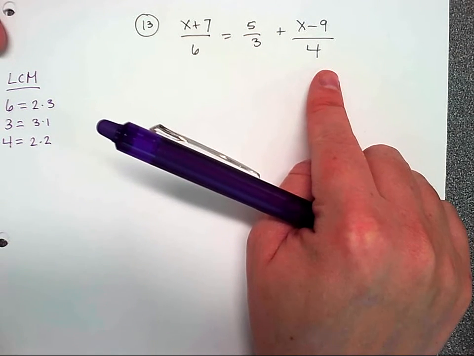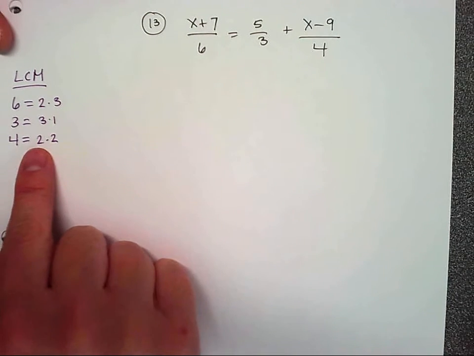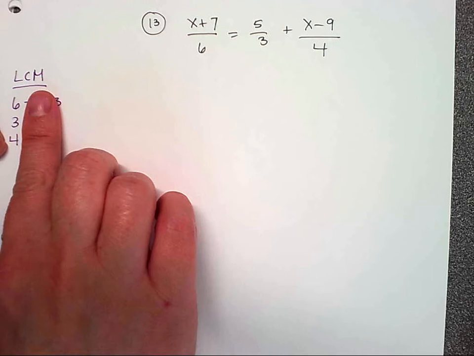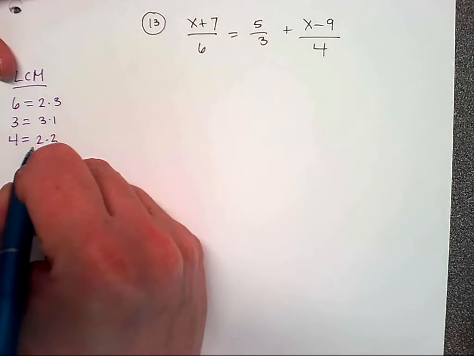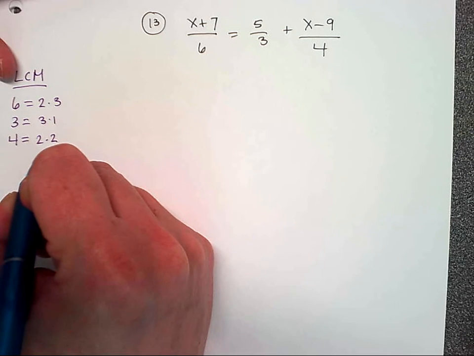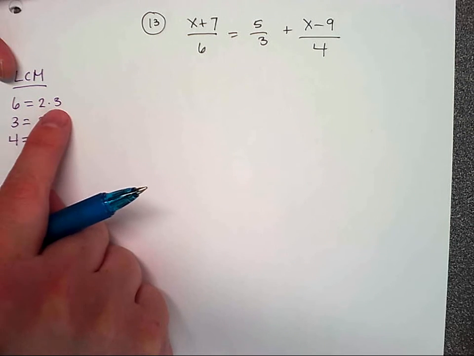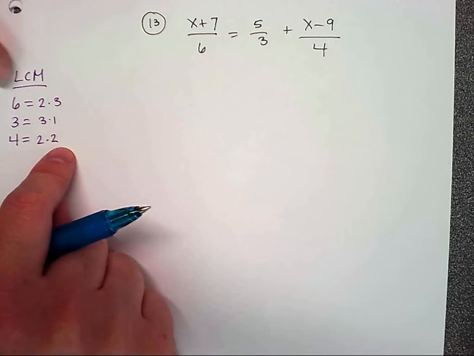Where did 2 come from? 4 is 2 times 2. So here I wrote down all of my denominators, 6, 3, and 4. And now I'm going to do the prime factorization of each. So 6 is 2 times 3. 3 is already prime. 4 is 2 times 2.